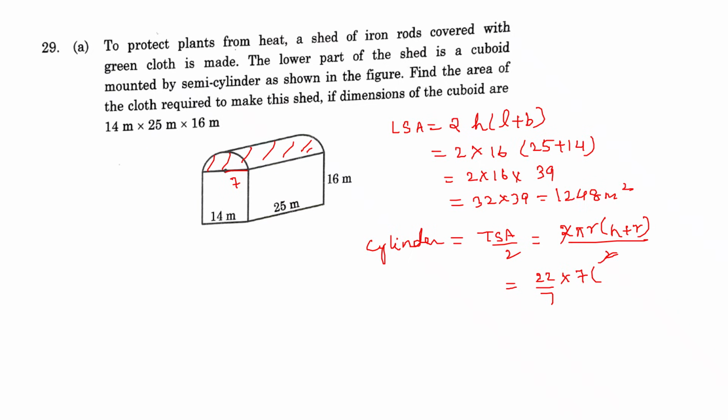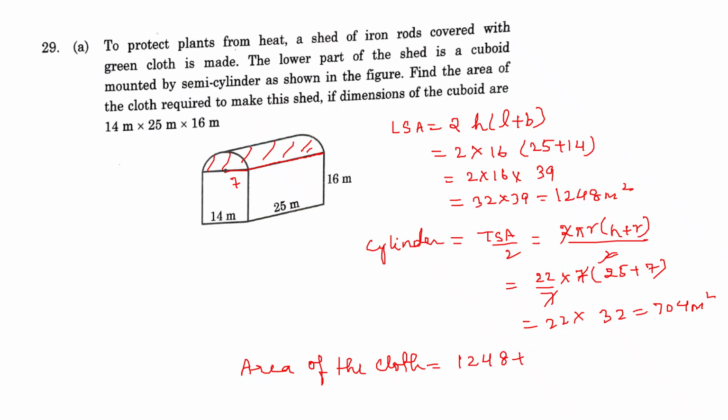The height of the cylinder is 25, plus radius 7. So 7 and 7 cancel. It is 22 into 32, so the answer is 704 meter square. So the area of the cloth needed will be 1248 plus 704. If you do it, you will get 1952 meter square as your answer.